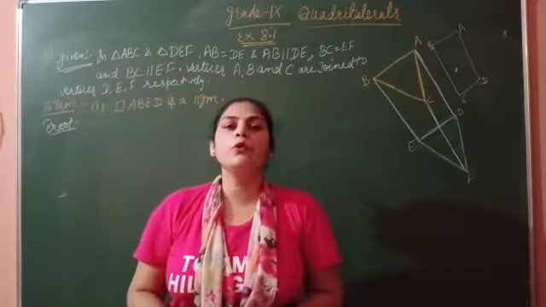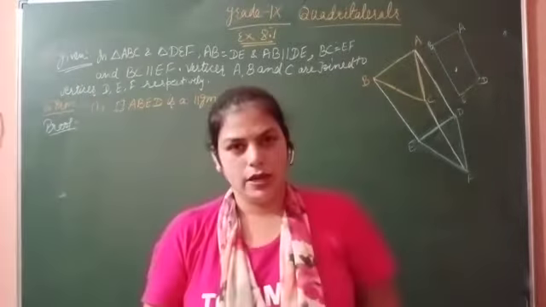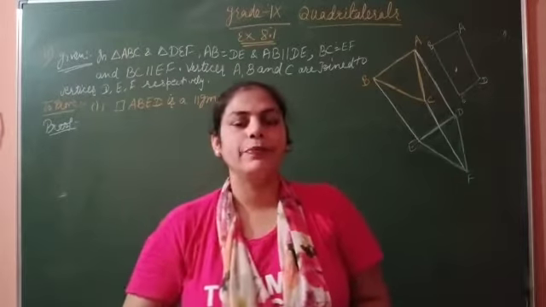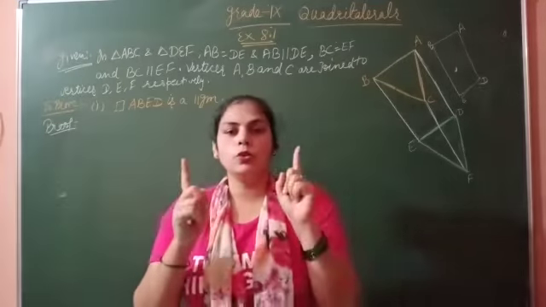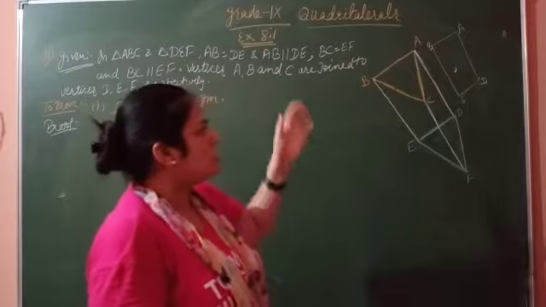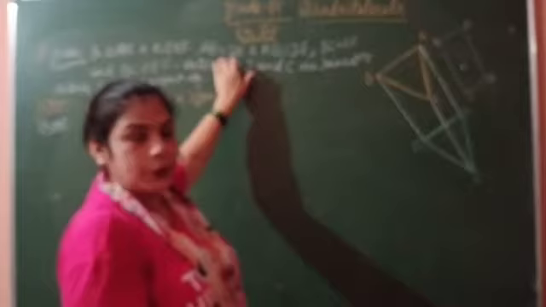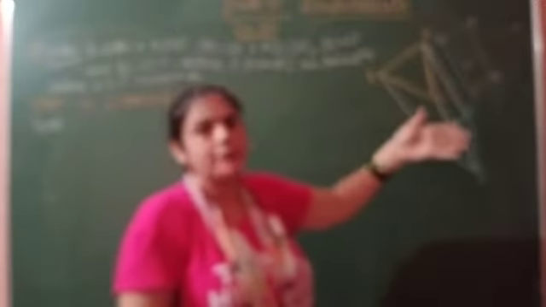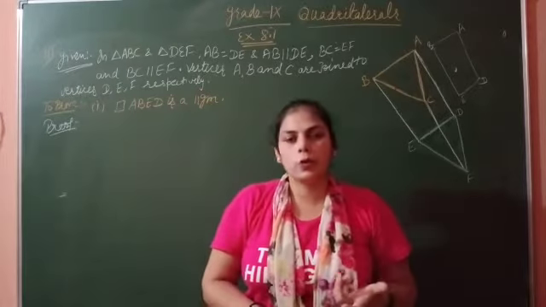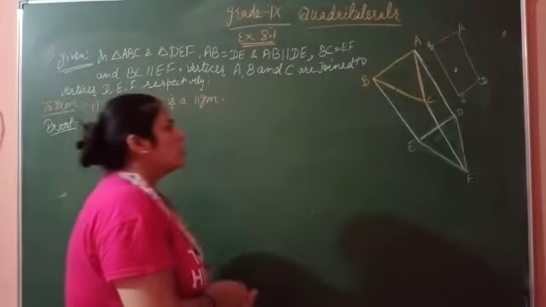Firstly, we can prove that one pair of opposite sides is equal and parallel, or we can show that both pairs of opposite sides are parallel. Here, opposite sides AB and DE are given equal and also parallel. So if one pair of opposite sides is equal and parallel, then that quadrilateral is a parallelogram. So it's very simple.